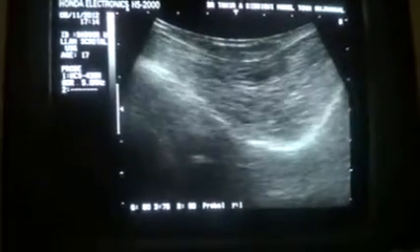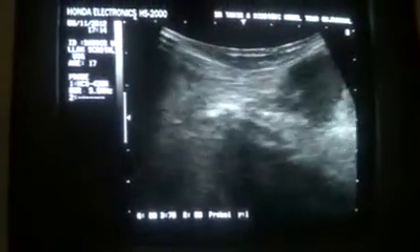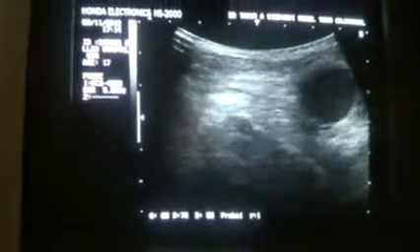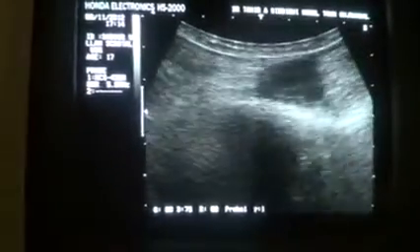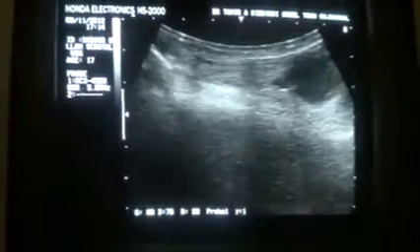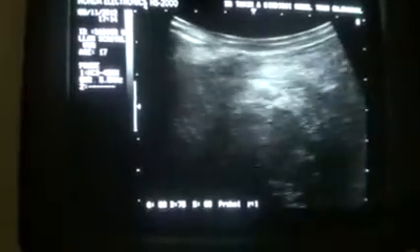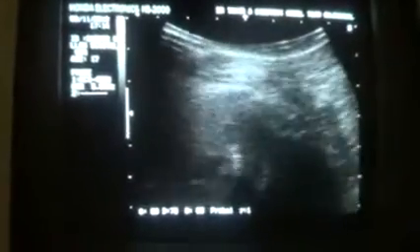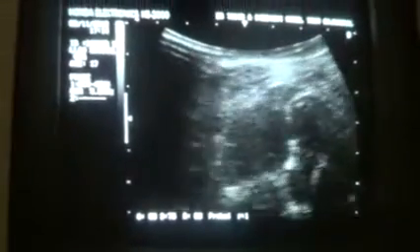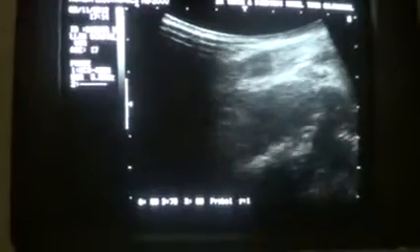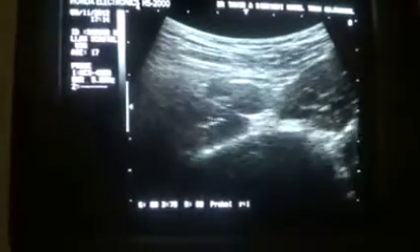So we have to make sure whether the right testis is located or seen in an ectopic location.